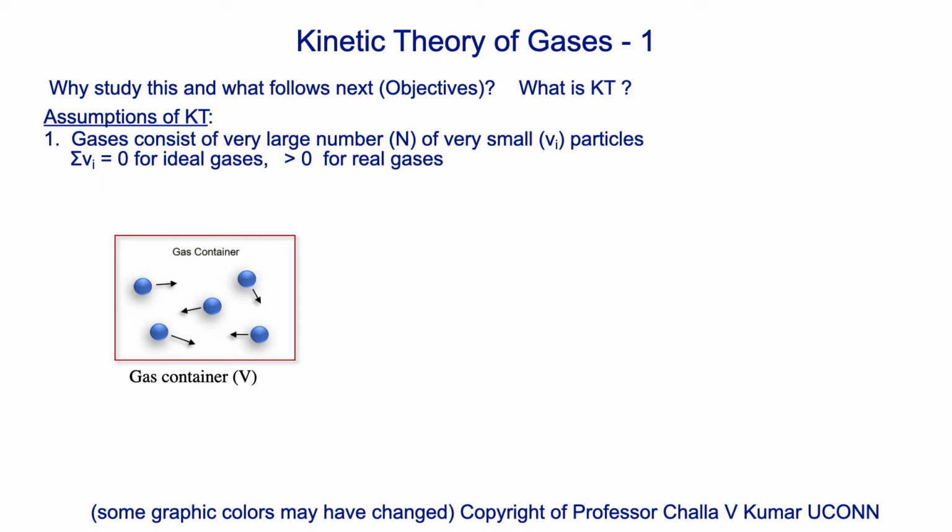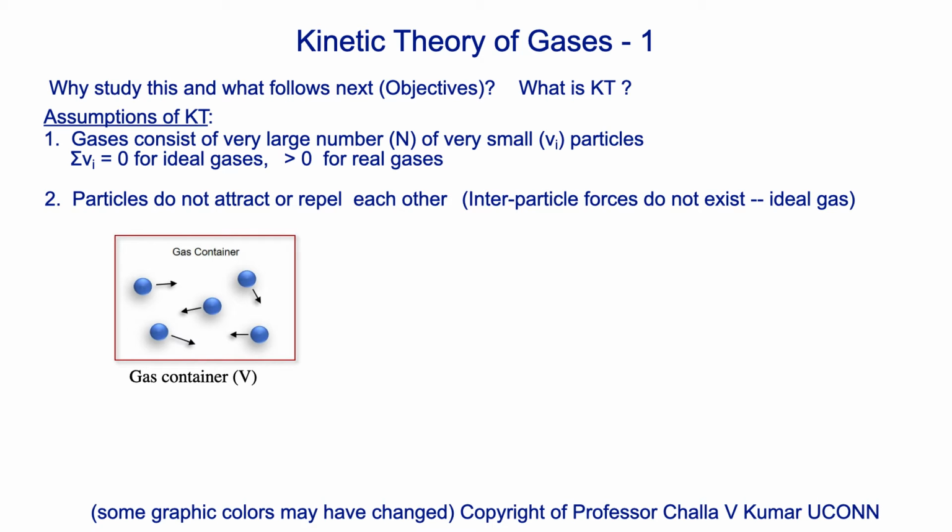In real gases, however, there are weak interactions between particles, and that is a source of deviations from the ideal gas law, which again we will discuss under the van der Waals equation. For now, we will say particles do not attract or repel each other. So interparticle forces are 0.